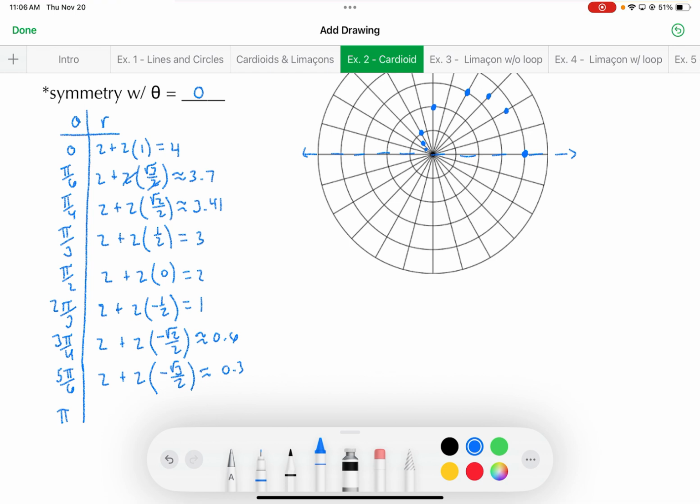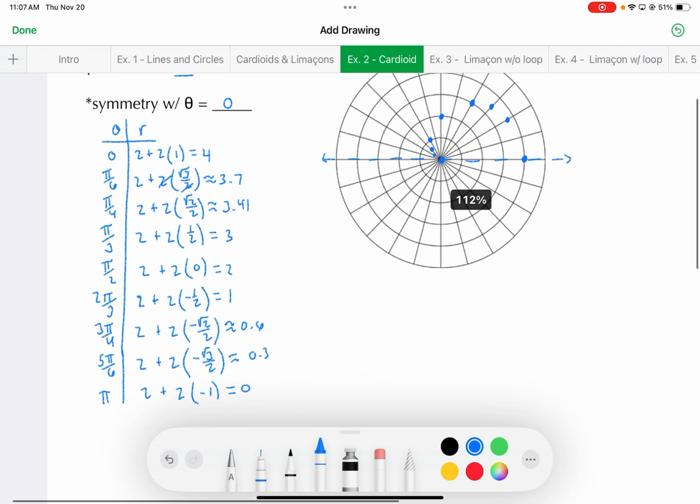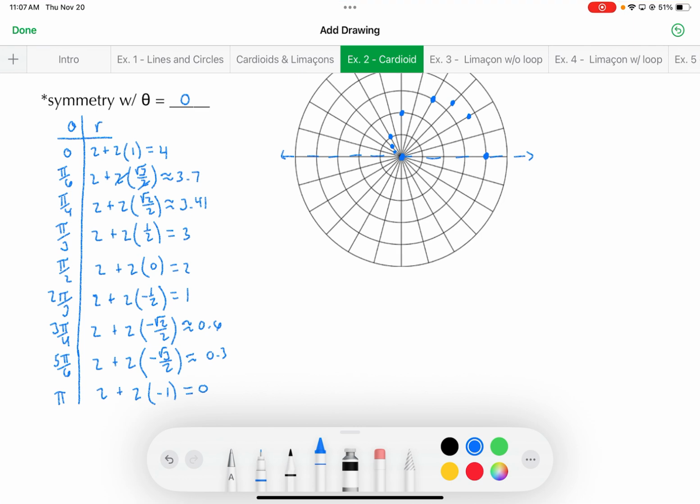The last value I'm going to use is pi. 2 plus 2 times negative 1. Cosine of pi is negative 1. That's going to give me exactly 0 and put me right at the pole. Okay, now I could plug in values for third and fourth quadrant, but here's where I'm going to use my symmetry knowledge.